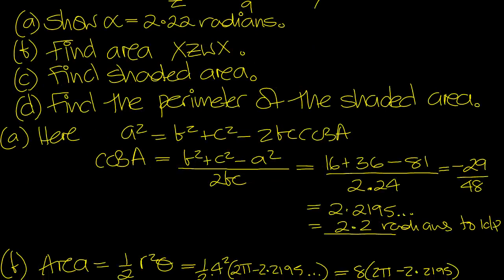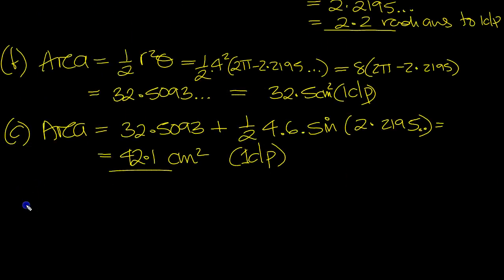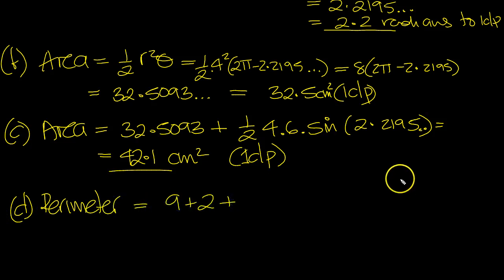The perimeter is equal to 9 plus 2 plus r theta, the radius times the angle theta.